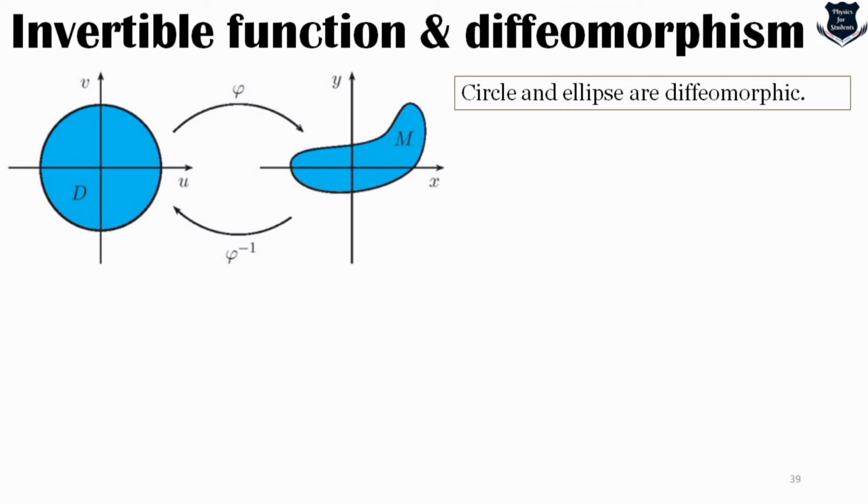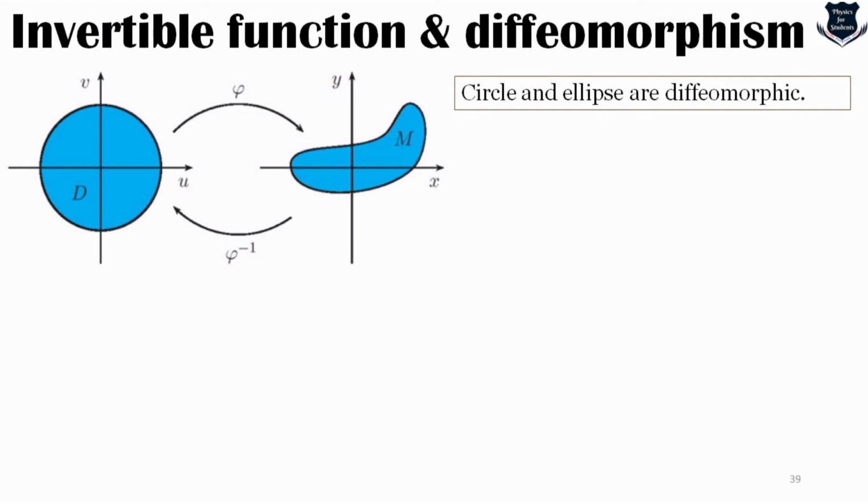So what we can say is that a circle and an ellipse are diffeomorphic. Remember, a homeomorphism is simply a continuous function between topological spaces. But to make a diffeomorphism out of a homeomorphism, we simply add an extra condition that the function and its inverse will both be smooth.